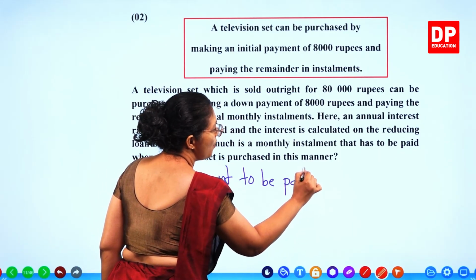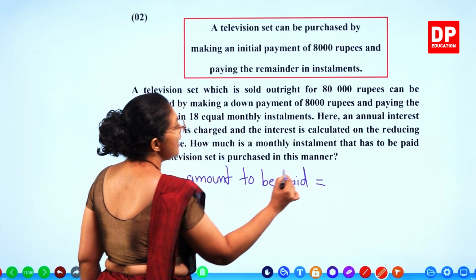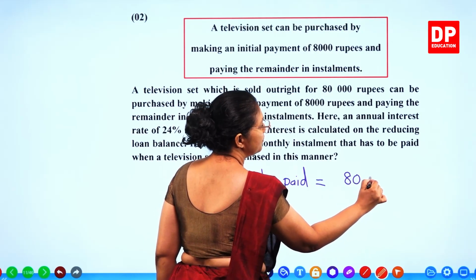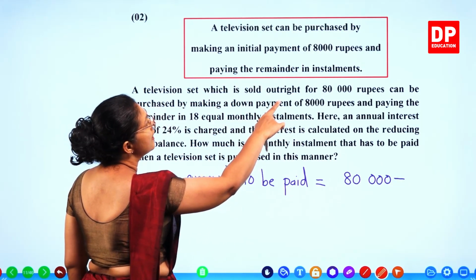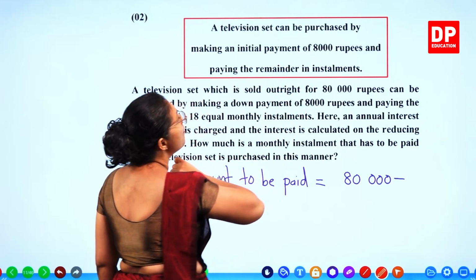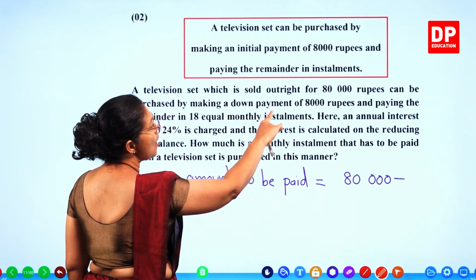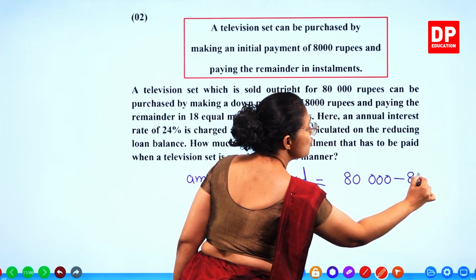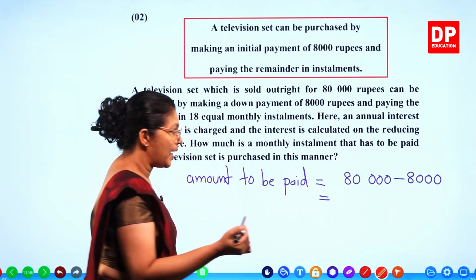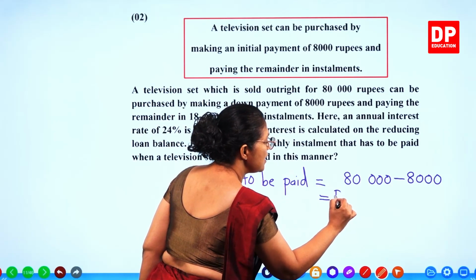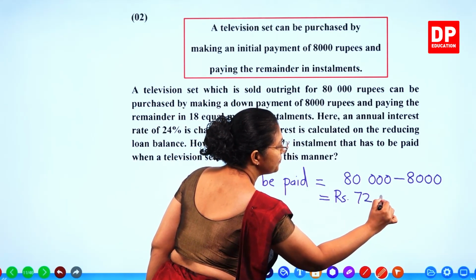So, the television set is 80,000 rupees. Then the amount paid, that's the down payment, is 8,000. So when you subtract 8,000, this is the amount you have to pay. So that's 72,000 rupees.